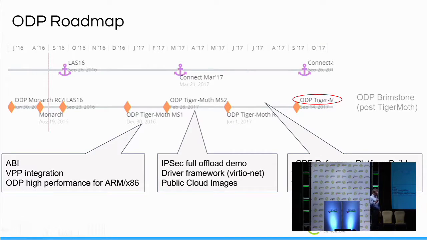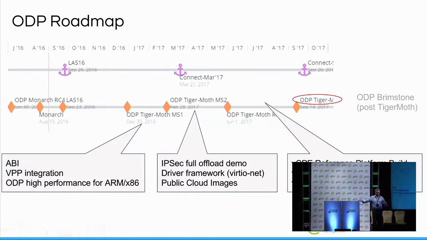The roadmap for that: Connect in March will be providing most of the functionality. Tiger Moth is the name of the next version, and we've also identified the version after that. We called it Brimstone.